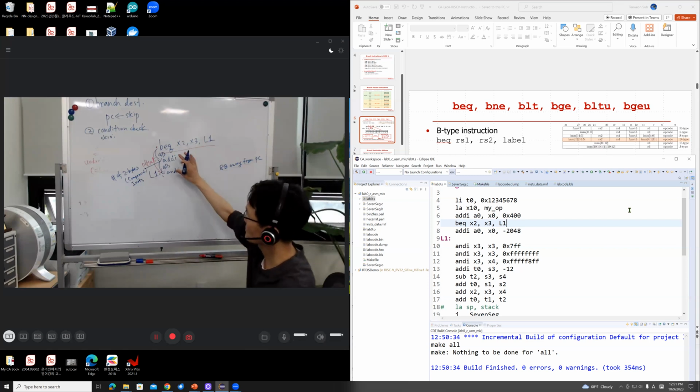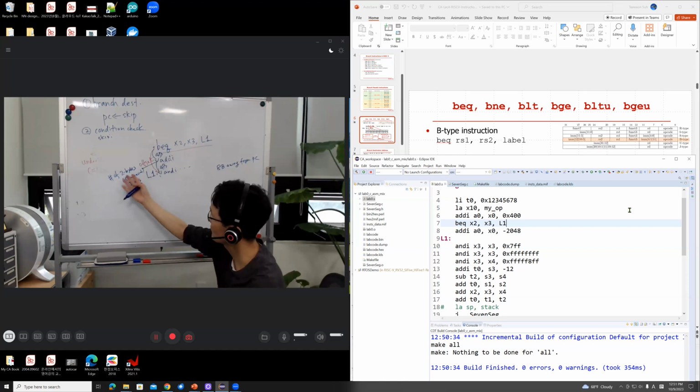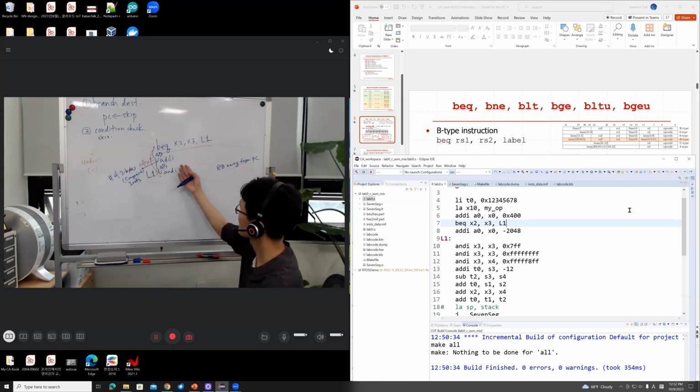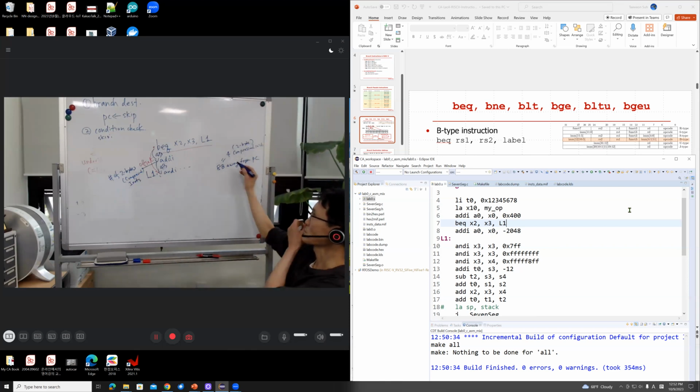And what kind of information is encoded? 8 bytes, so how many 2 bytes? How many compressed instructions are there? Divide by 2, so 4. That is equivalent to 4 compressed instructions, or 4 two-byte instructions.